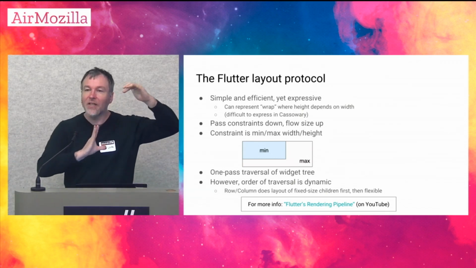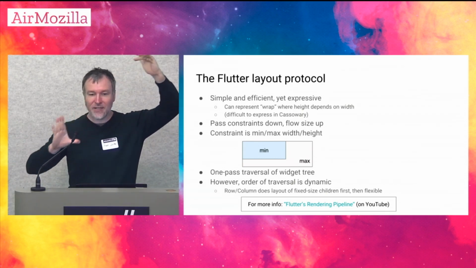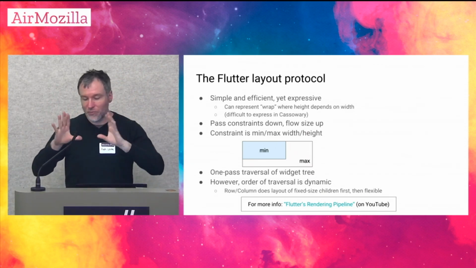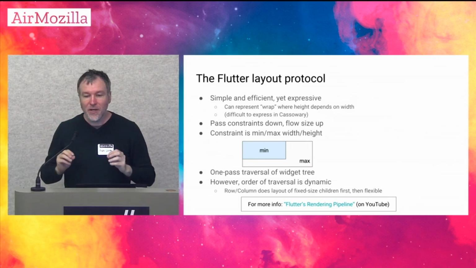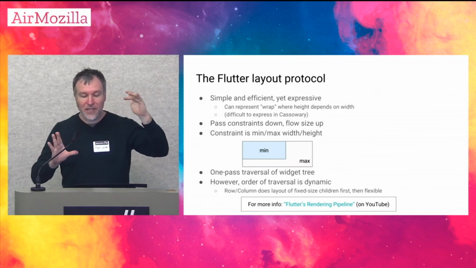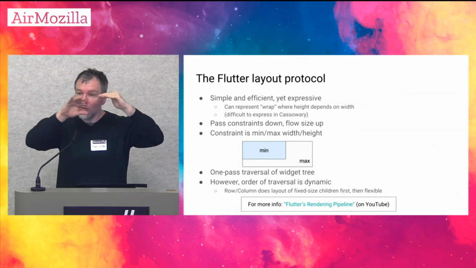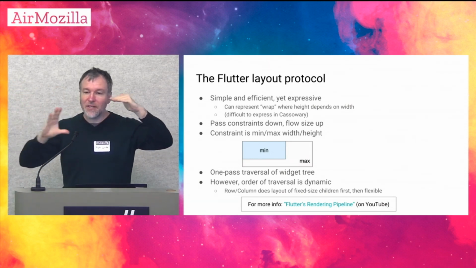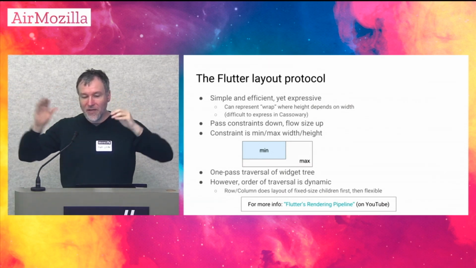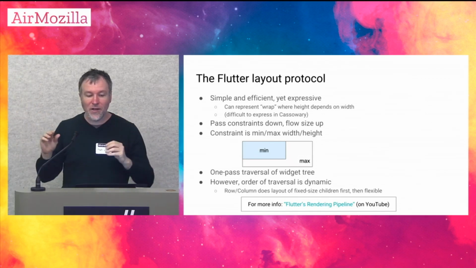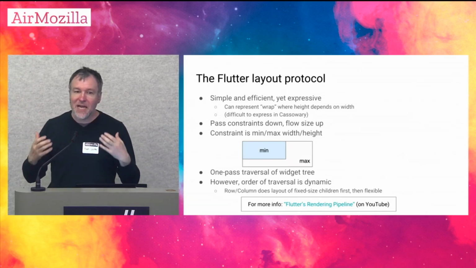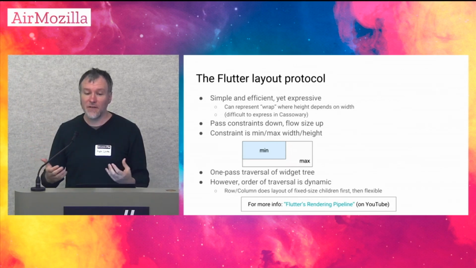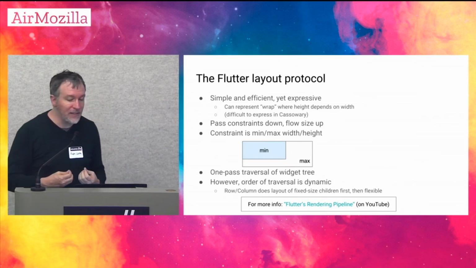It's easy to express a smooth change, where as it resizes, you have more space proportionally given to different widgets, but it's very difficult to do things like those breaks, or wrapping, if you've got text, or a series of buttons, and then you expand, it might go from needing 2 lines to 1. So you want to be able to express those patterns, that kind of responsiveness to size.